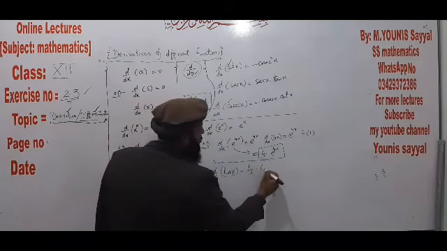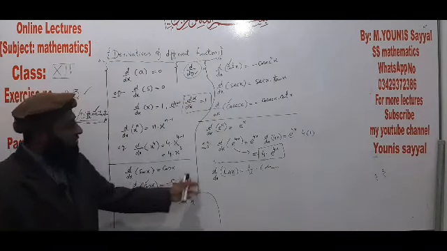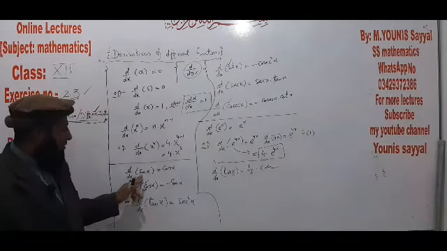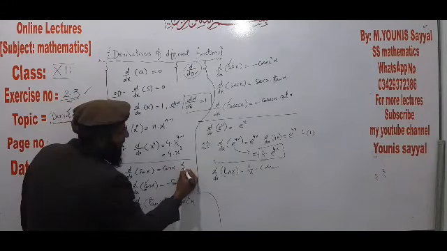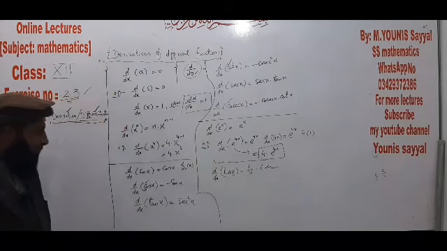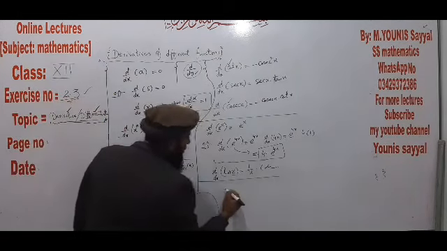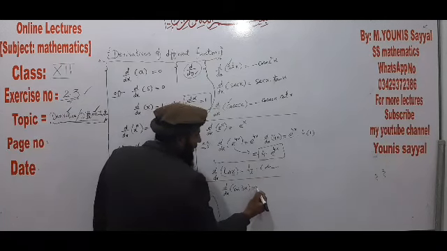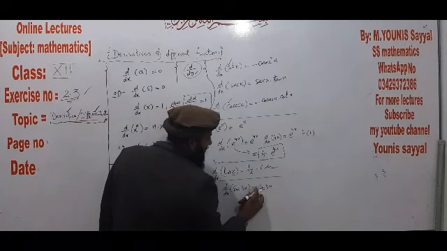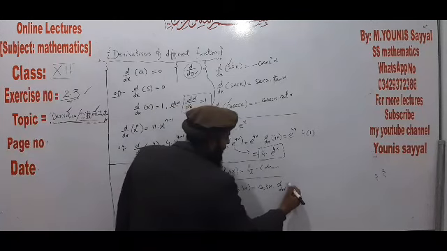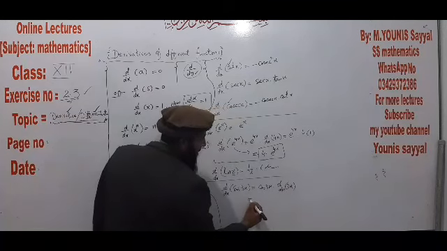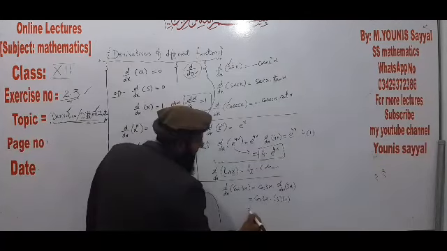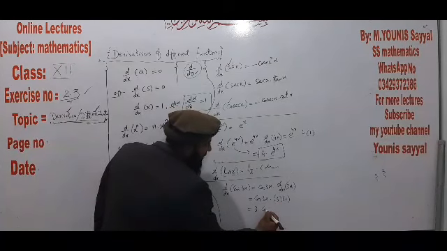If the angle changes, for example sin 3x, then the derivative of sin 3x is cos 3x, and d over dx of 3x will also be included. The derivative of x is 1 and 3 is a constant, so 3 comes at the start: 3 cos 3x.